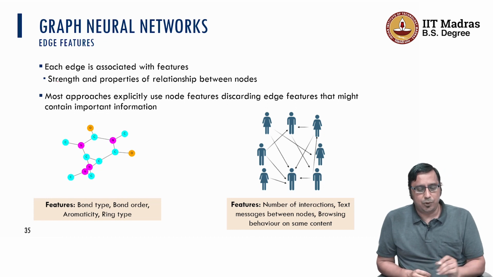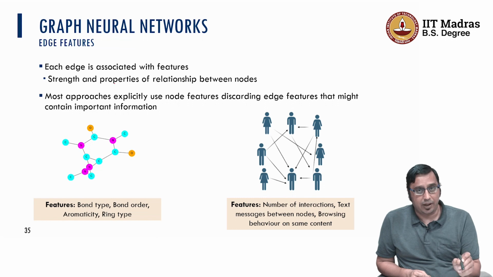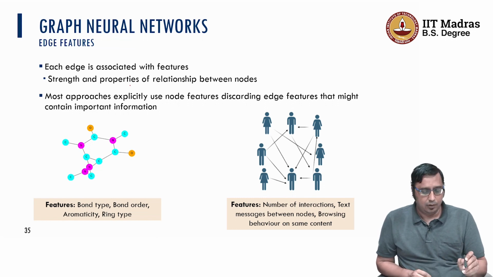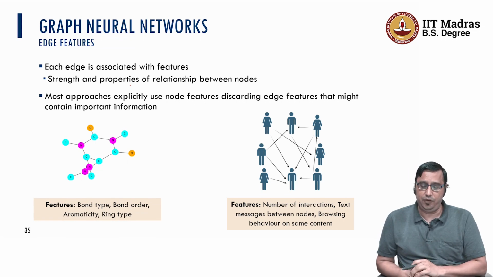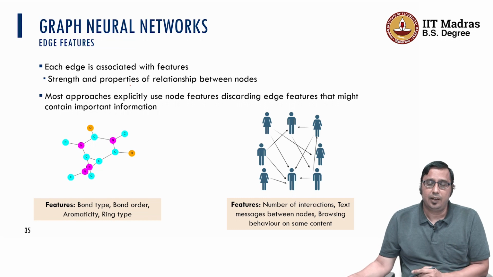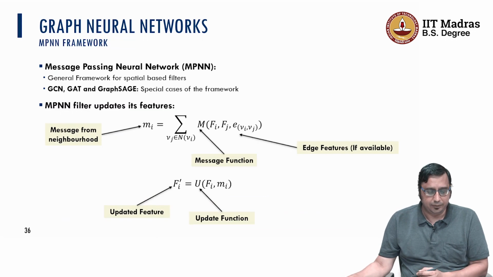Edge features, as I told you, provide not only strength but also properties of the relation between two nodes. Most approaches explicitly use node features, as we discussed, however, they discard edge features which may contain important information. So the question is, can we include edge features in our graph filtering?